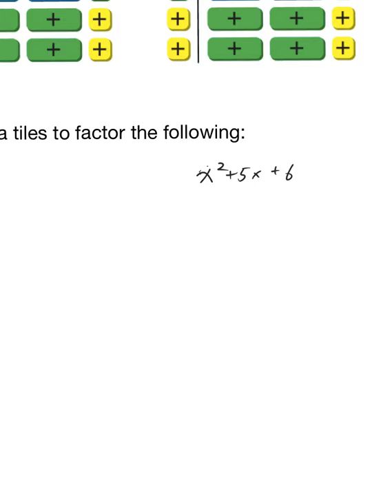To factor this, if you remember, we make our parentheses and put an x here and an x here. Why is that? The x and the x is the F of FOIL. When we multiply out, the first two terms need to give us the first term, x squared.